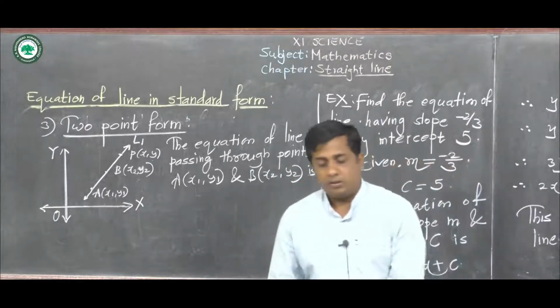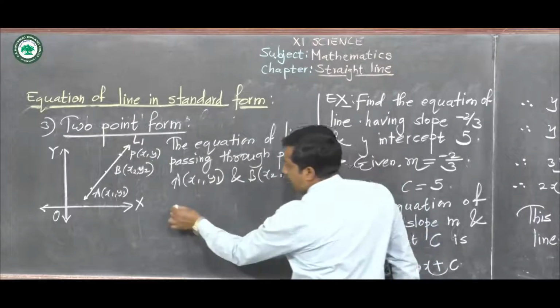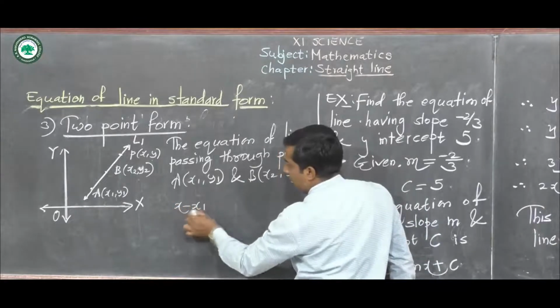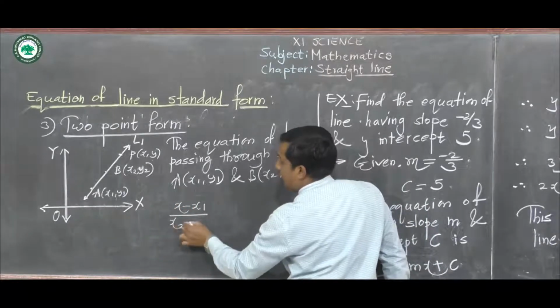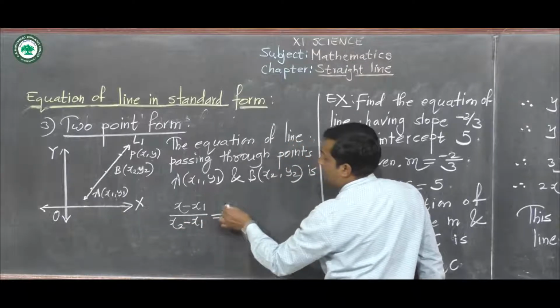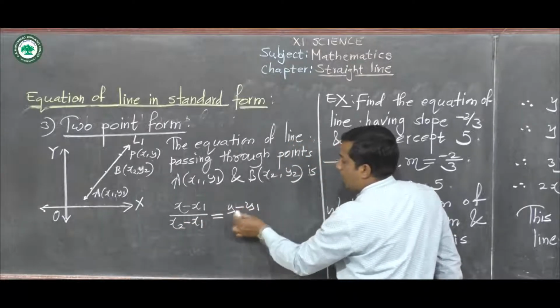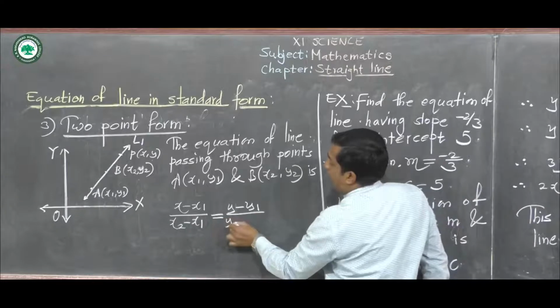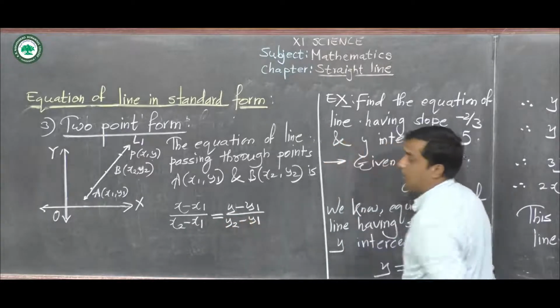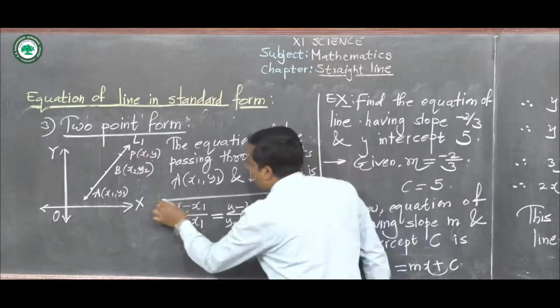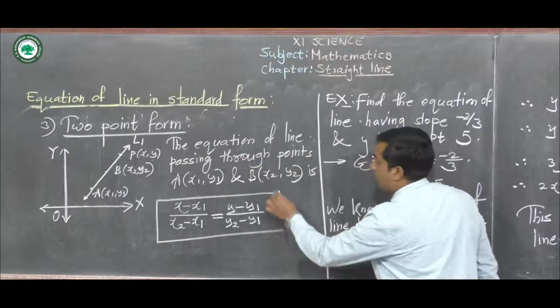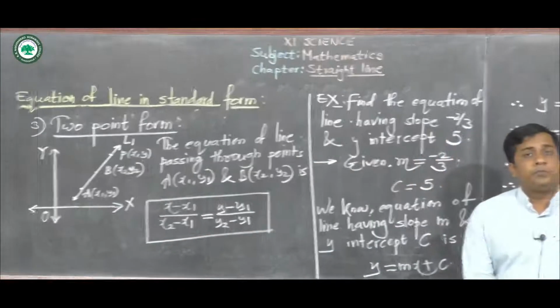Now remember this form. Here the form is (x minus x1) upon (x2 minus x1) is equal to (y minus y1) upon (y2 minus y1). So using this form, we find the equation of line.